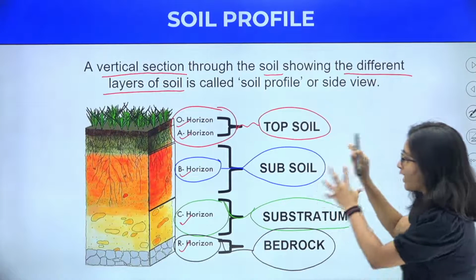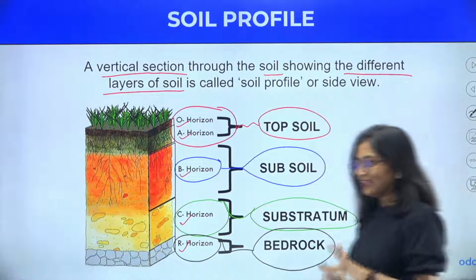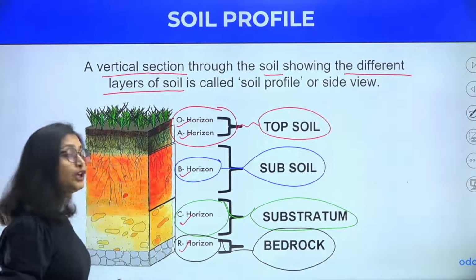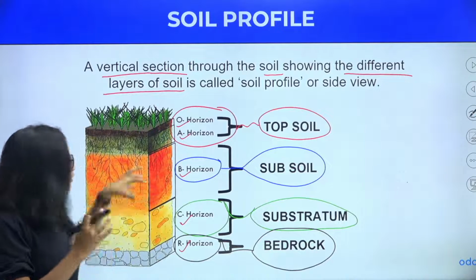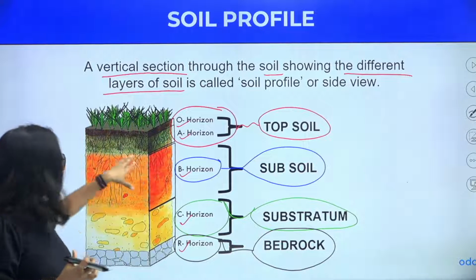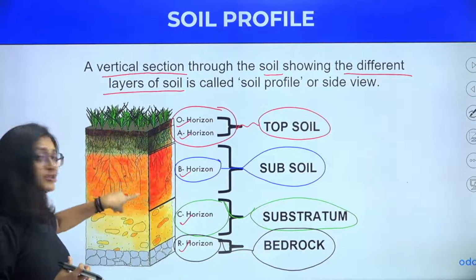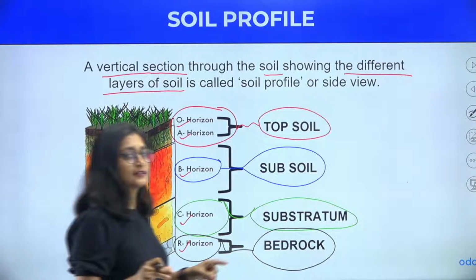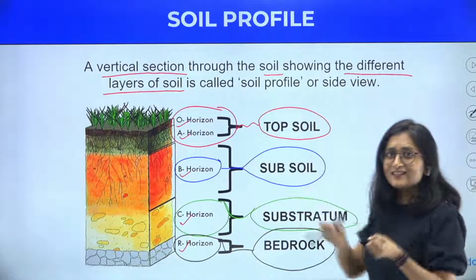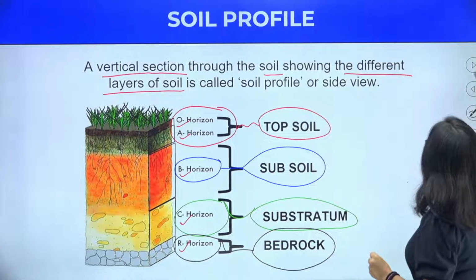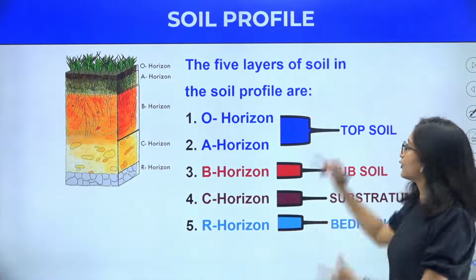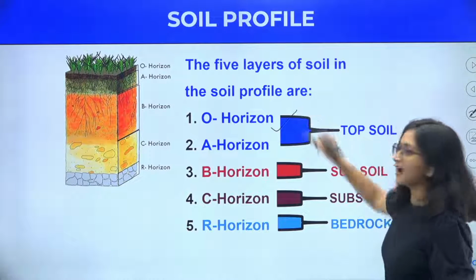Now, when you have found all of this, you must have found that there are certain features, or you can look into the particles of the soil. You will find that there are some differences among each of the layers. And let us just zoom into this. So we do have the very first layer to discuss, and that is going to be the O horizon, right?